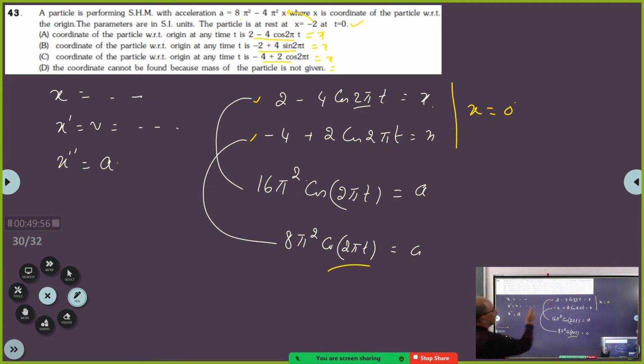And they have told it is at rest. So it is at rest means it is momentarily at rest. See, the question is, you are getting confused with t is equal to 0. Don't look at it. If the particle is at rest, it means momentarily at rest. So, when acceleration is maximum.